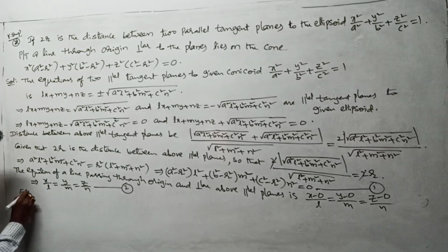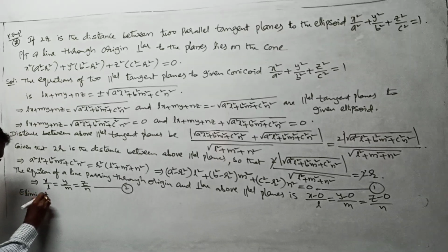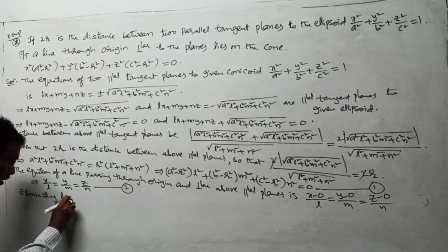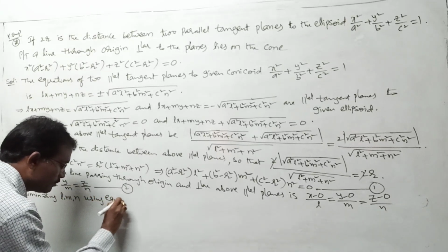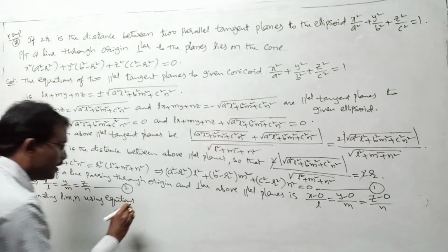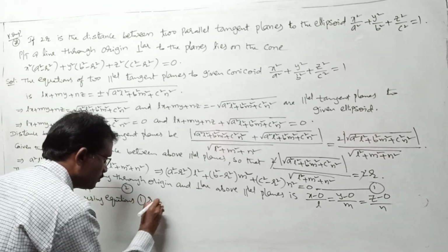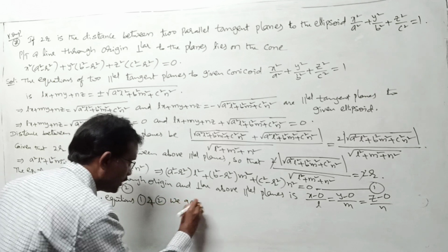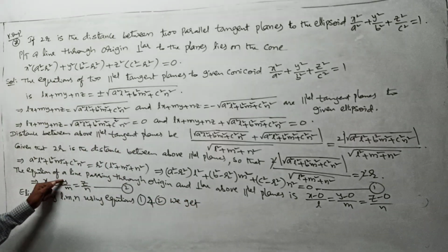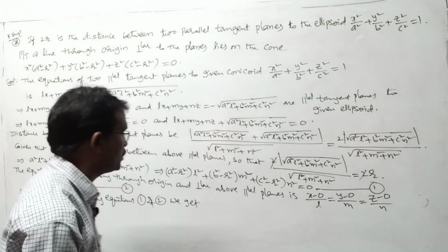Eliminating l, m, n using equations 1 and 2, we get, it's simple, I told you. Substitute l equal to x, m equal to y, n equal to z in equation number 1.